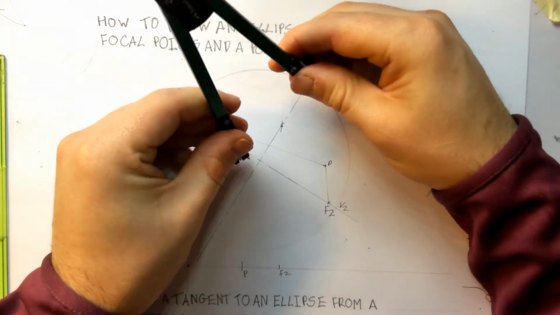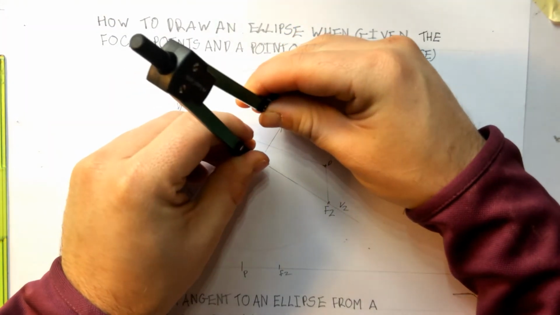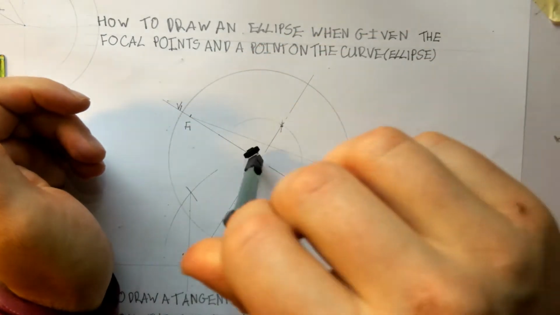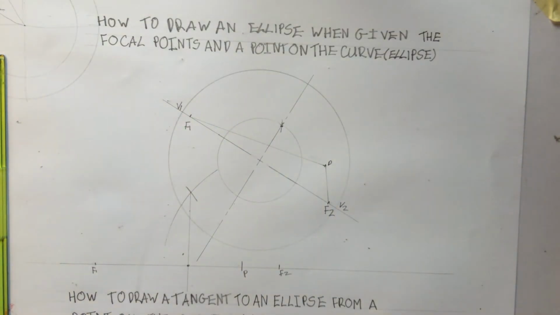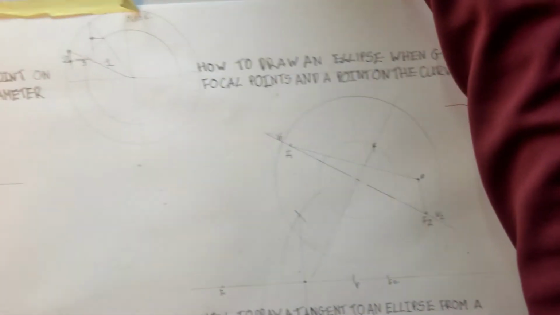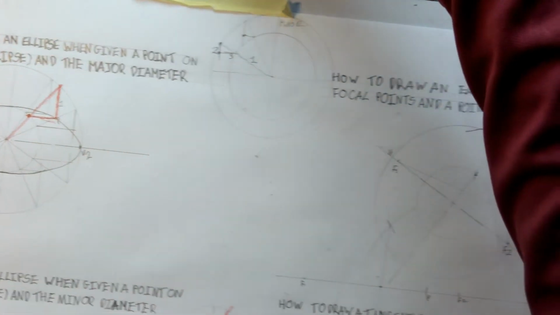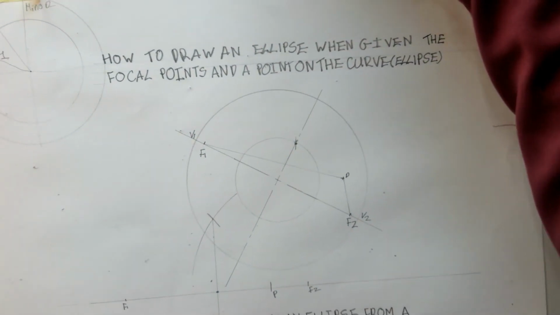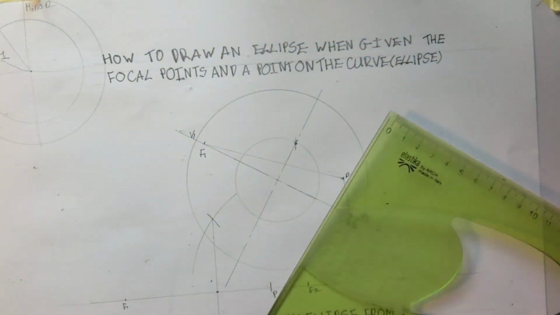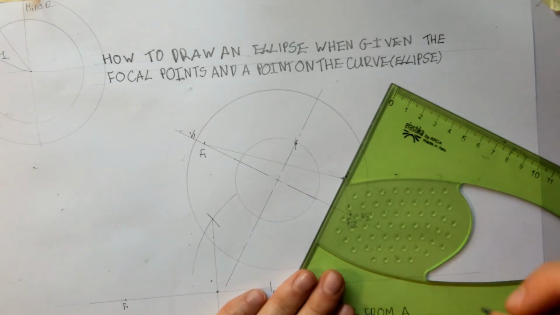And then the alternative strategy, might be a little bit inaccurate here, would be to apply what we learned up here in scenario number 1, where we're given a point on the ellipse and given the major diameter.